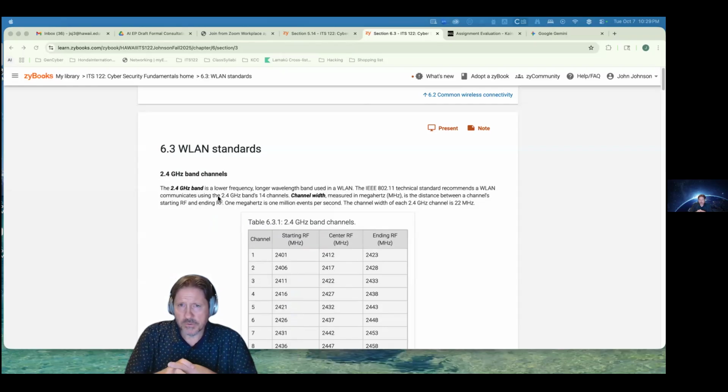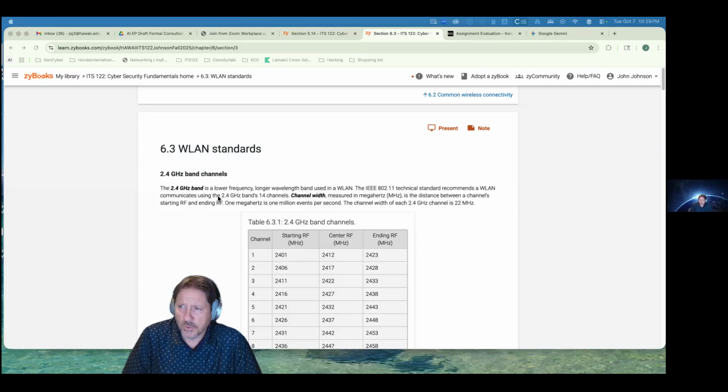But as you go further away from it, and as you go through walls and things like that, it's going to drop off severely. So if you've got something that's across the house, a 2.4 gigahertz band is probably going to be better for you, given the distance. But there's a lot of things that you have to know about the 2.4 gigahertz band in order to successfully use it. So we're going to talk about that now.